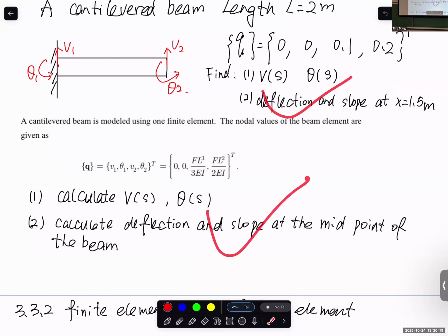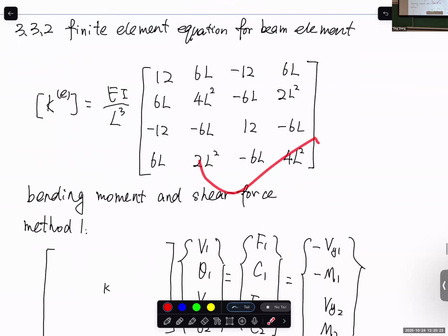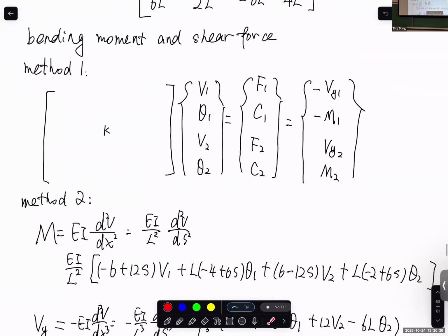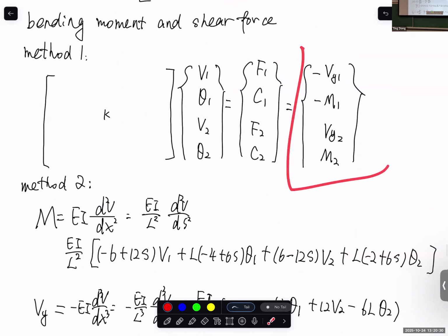So same problem. And we also talk about the K matrix. I mentioned 2 methods for calculating shear force and bending moment. The first is based on the sign convention; check the lecture notes for the sign convention. We can use this one to calculate shear force and bending moment at a node.